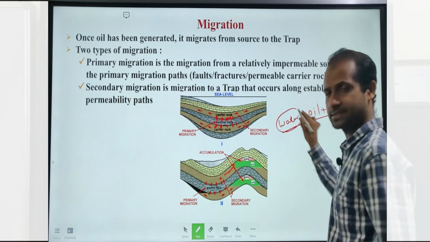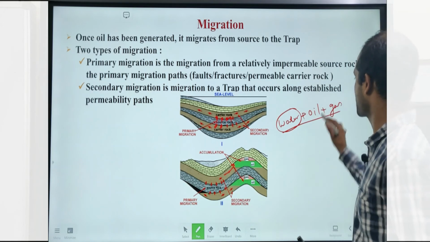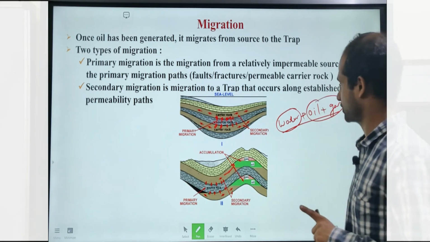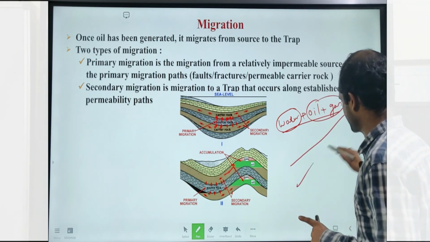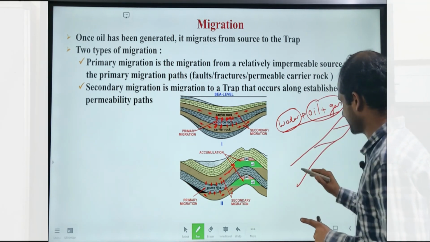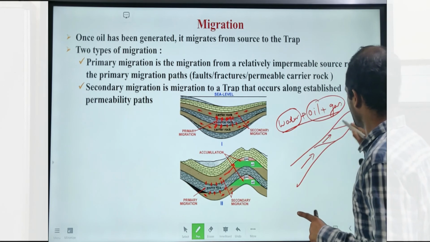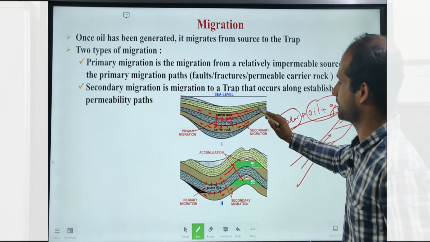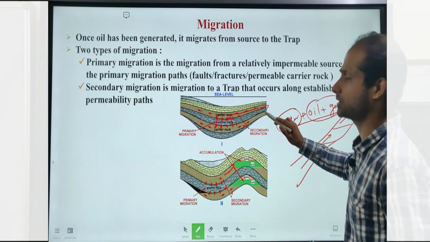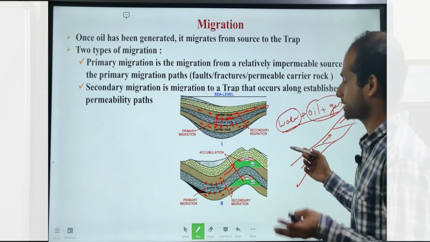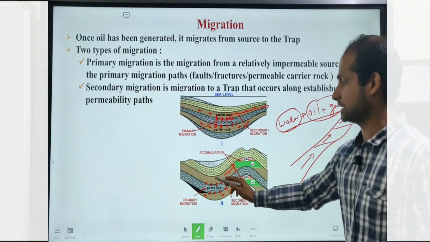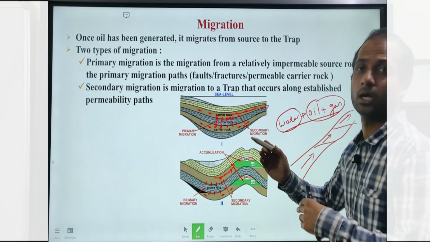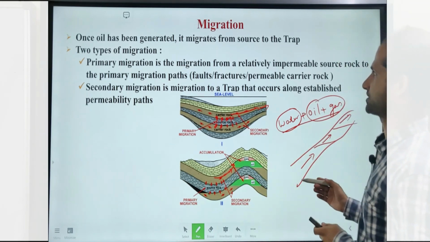Since oil and gas are paraffins, they have very low solubility in the water. So they are separated out during migration itself. When the hydrocarbons migrate along the carrier bed, they are separated and segregated as per their density distribution.